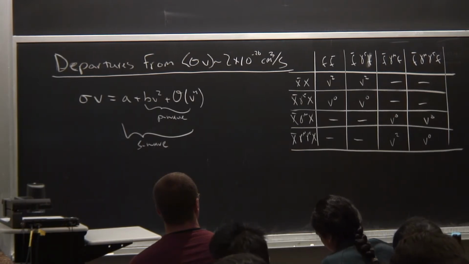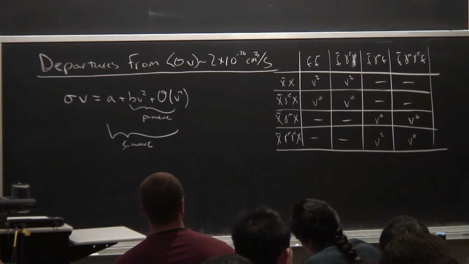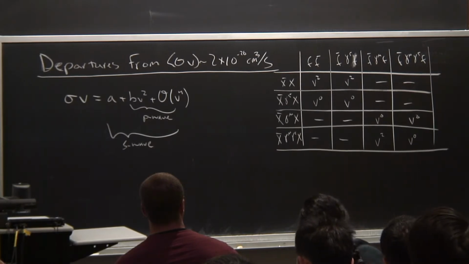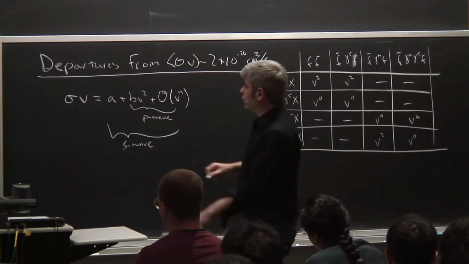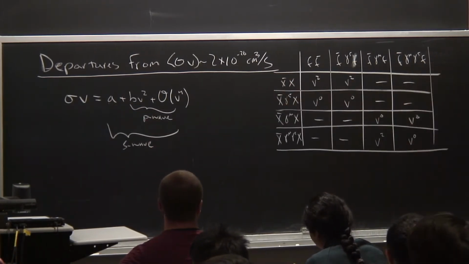That's not uncommon. If I wrote down all of the simplified models one could consider, with various combinations of spin and couplings and interactions, you would find something similar. This isn't cherry-picked. So you have no reason to think that a generic dark matter model will always give you a low velocity annihilation cross-section.